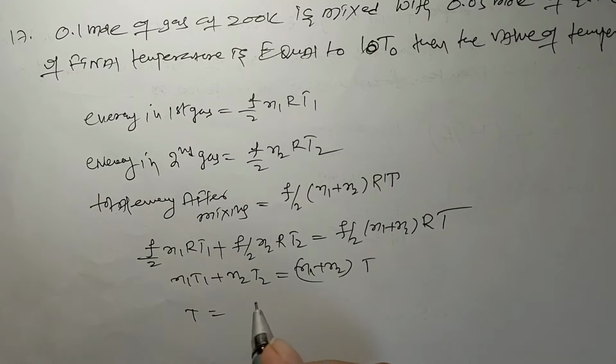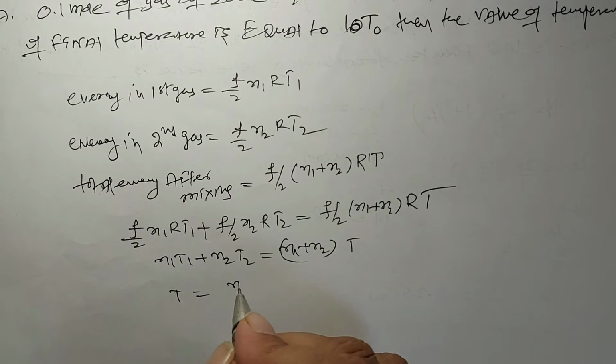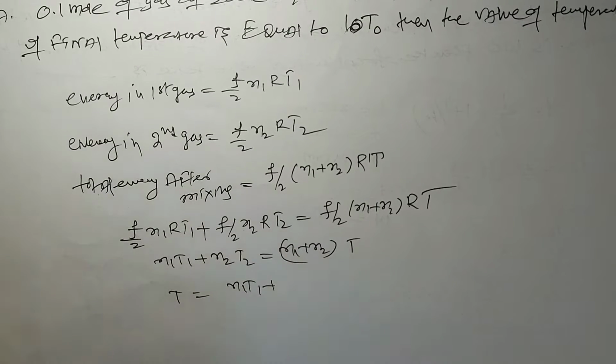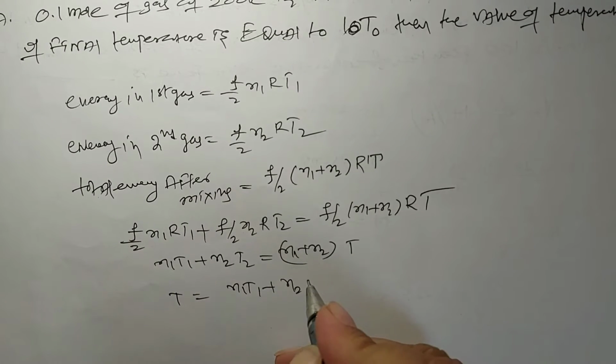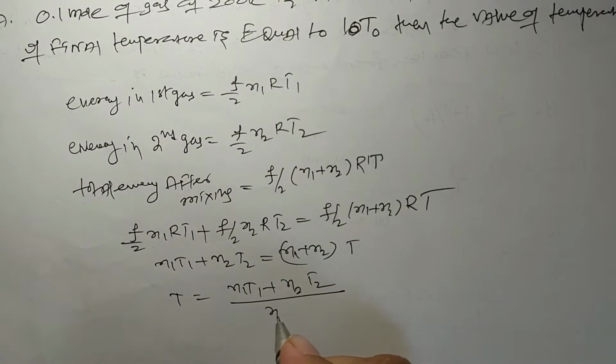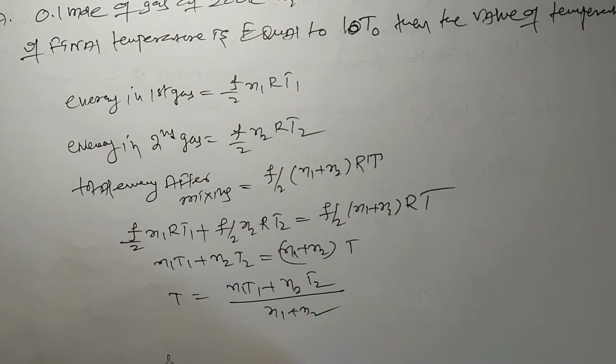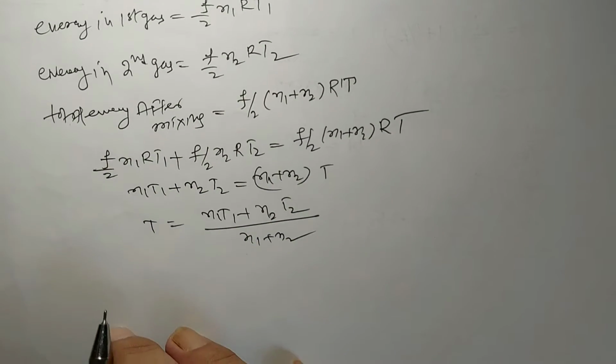So T is equal to (n1 T1 plus n2 T2) divided by (n1 plus n2). Now we are going to substitute all these values.